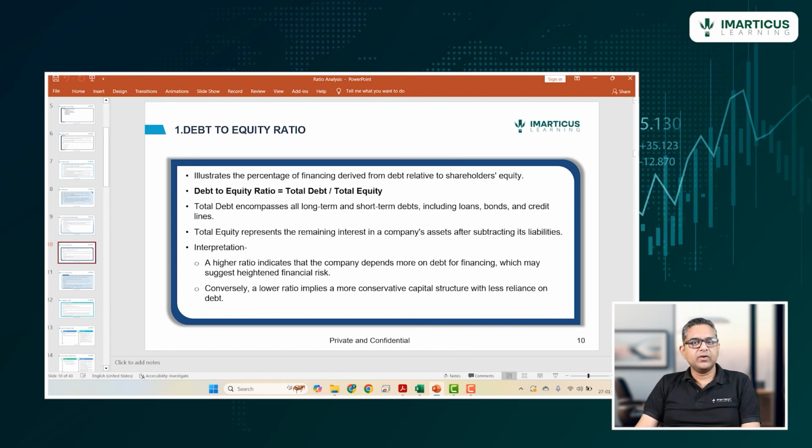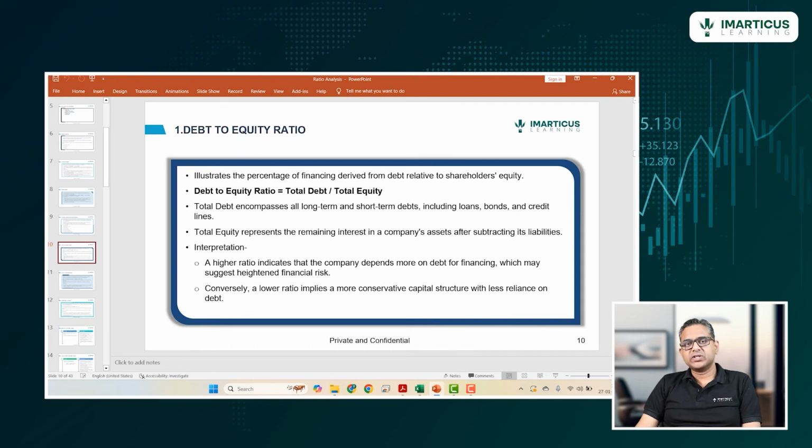Shareholders, what is the total amount of debt funding the company has, divided by what is the total amount of shareholders' equity. Total debt encompasses all long-term and short-term debts, including loans, bonds, and credit lines. So all of these forms of interest-bearing obligations make up the total debt amount, and total equity would include the company's assets after subtracting liabilities.